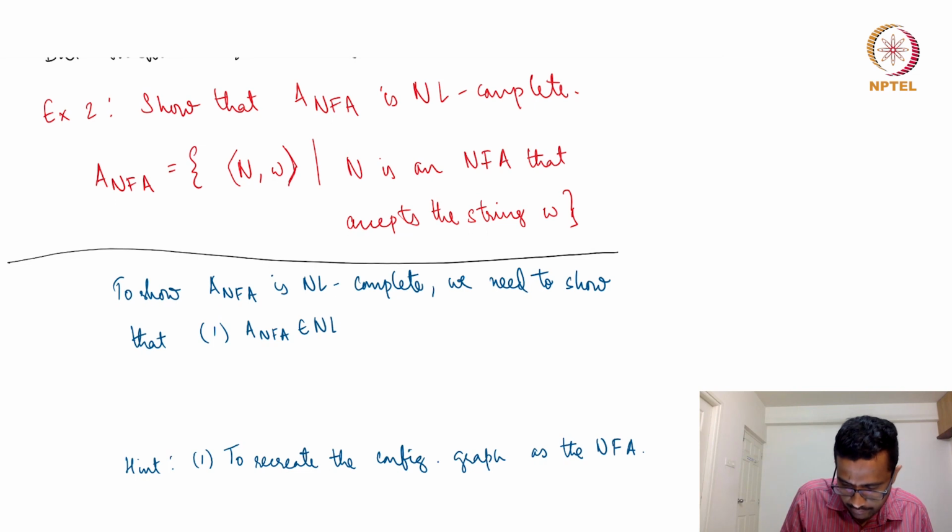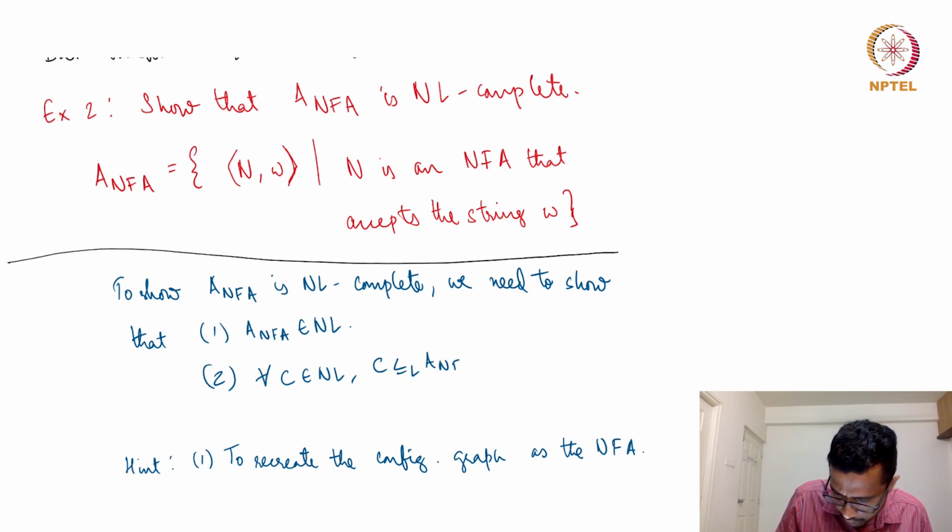This is not that difficult. And two, for all, let's say C in NL, C reduces to ANFA.